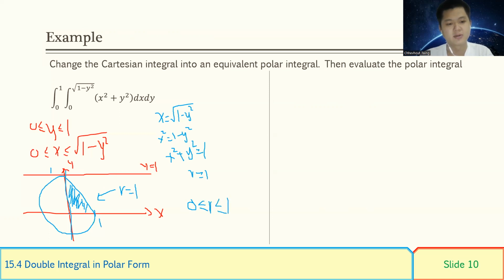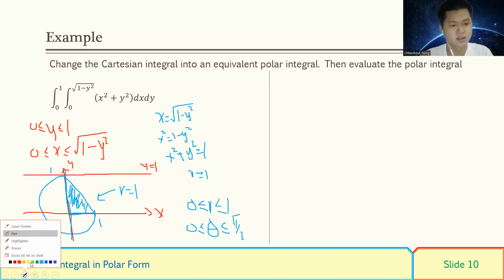And theta, if you were to sweep it starting from the x-axis, you don't have to sweep it all the way. You only have to sweep it until the y-axis, which means that your theta is from 0 to pi over 2. So now you have this new region in polar form that you can work with.